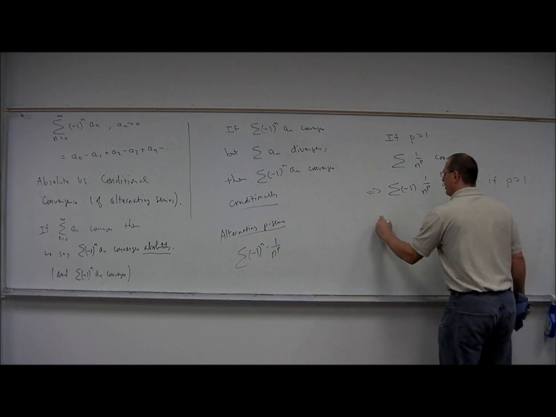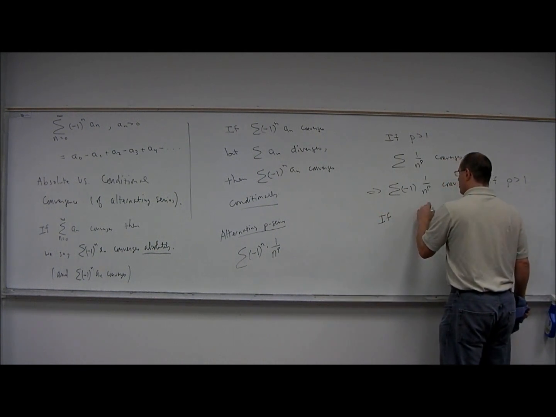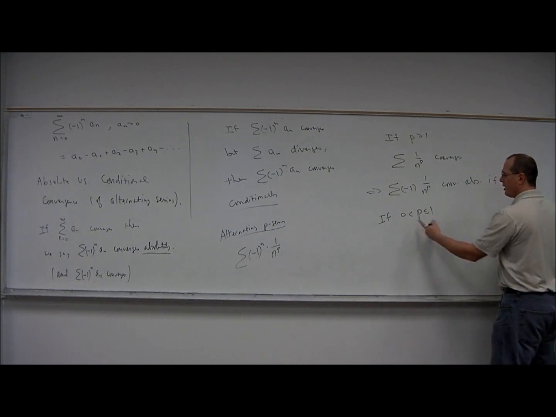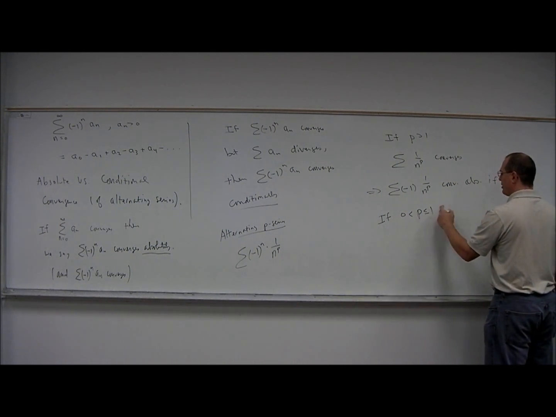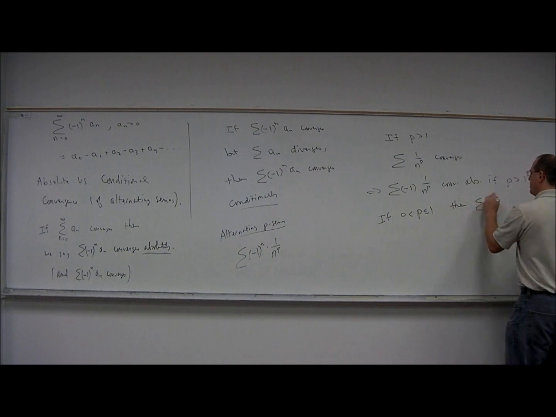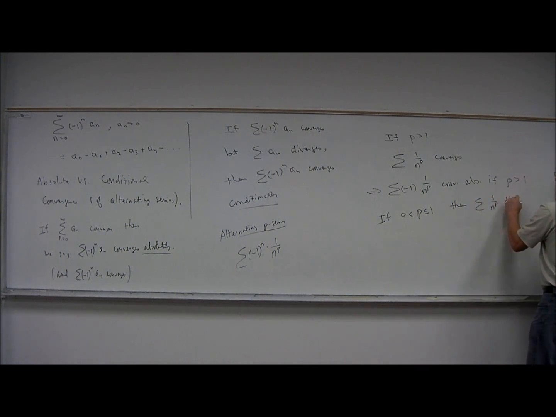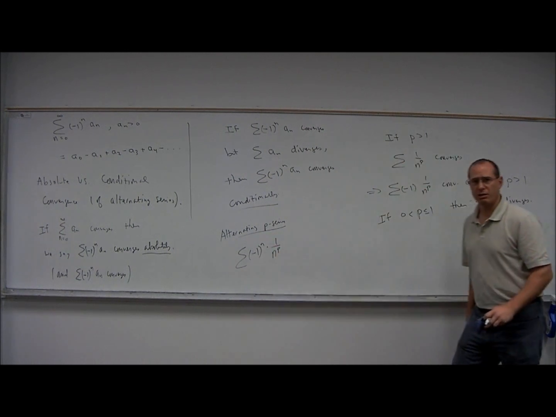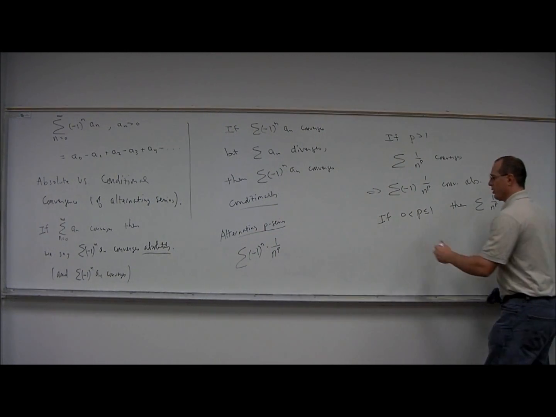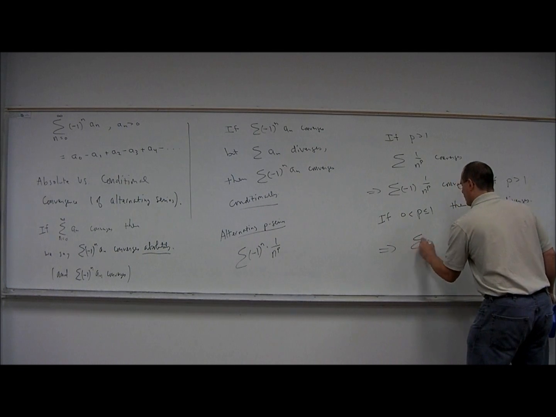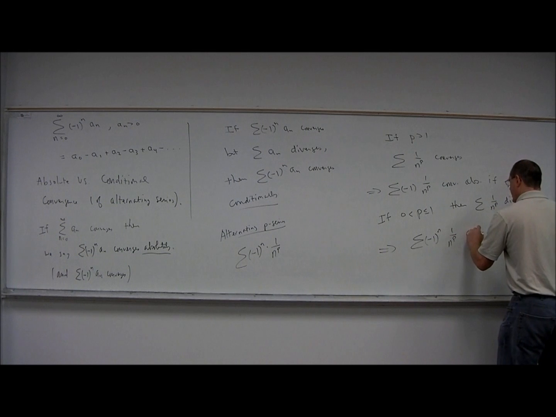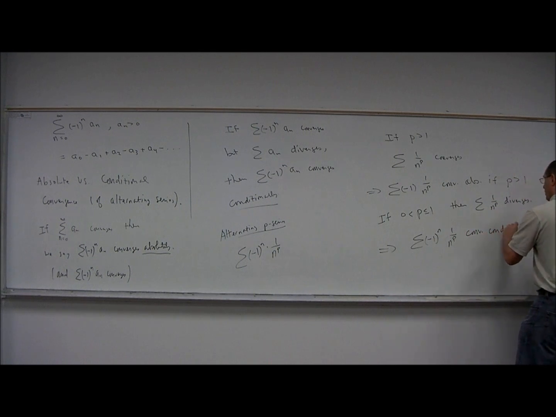On the other hand, if p is less than or equal to 1 but positive, then the p-series diverges. But the corresponding alternating p-series converges, so the alternating p-series converges conditionally if p is less than or equal to 1.